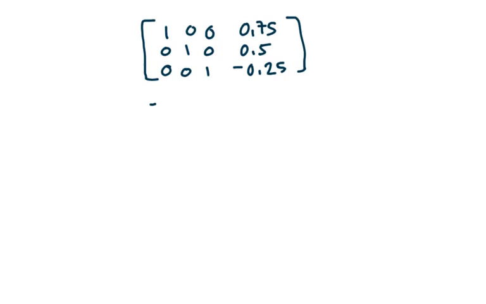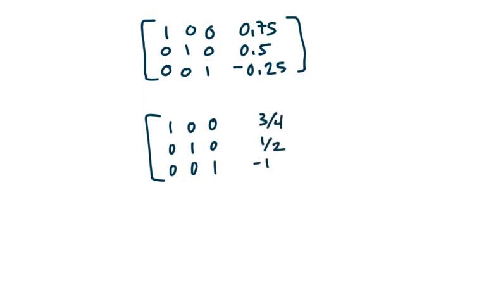So what we know is this is the same as 1, 0, 0, 0, 1, 0, 0, 0, 1. I've got 3/4, 1/2, and -1/4 as my answers.